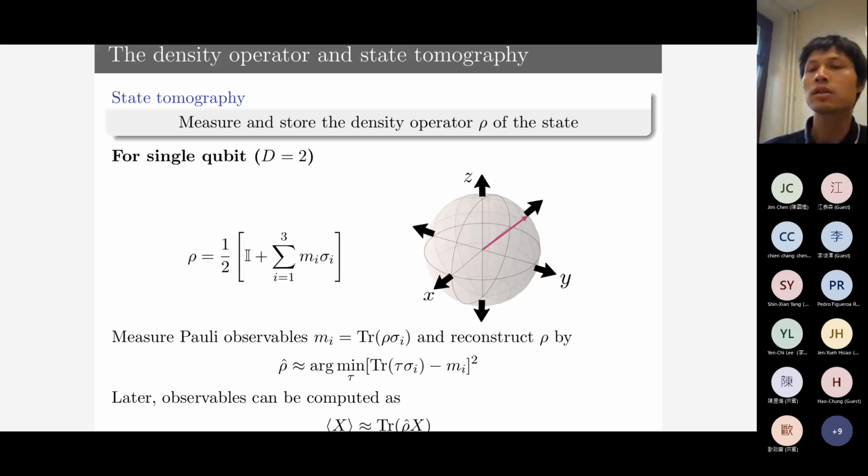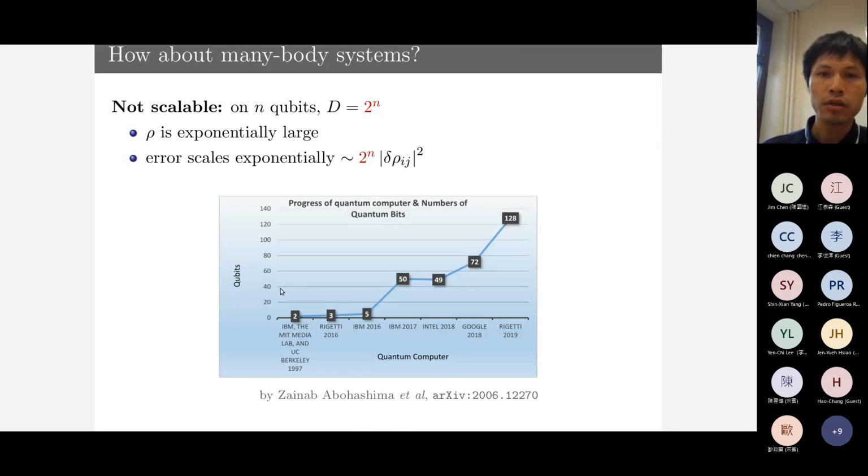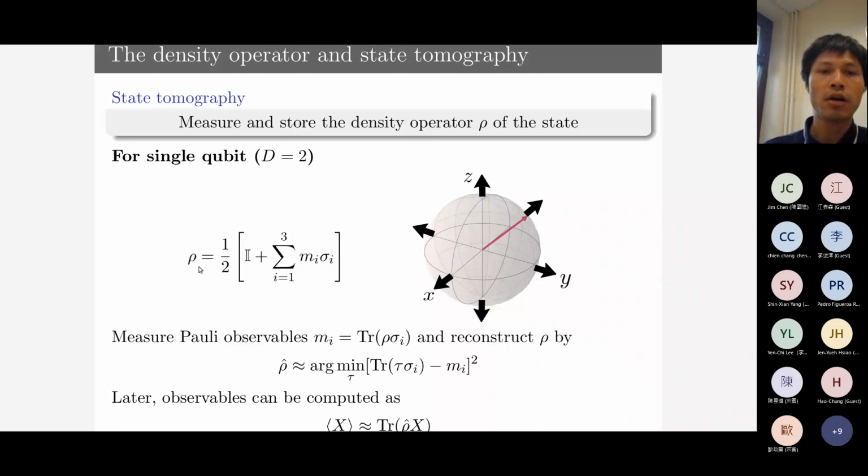For example, if you have just a qubit in a certain state, you can write the state in the following way: the identity plus the Pauli matrices with certain coefficients m_i. What you have to do in order to infer the density operator is to measure these numbers m_i. And this is given directly by the measurement of the Pauli observables in the x, y, and z directions.